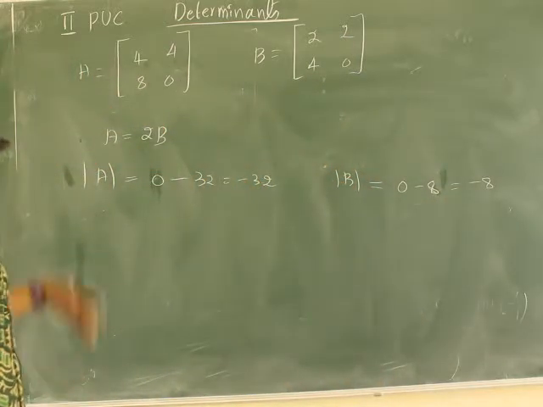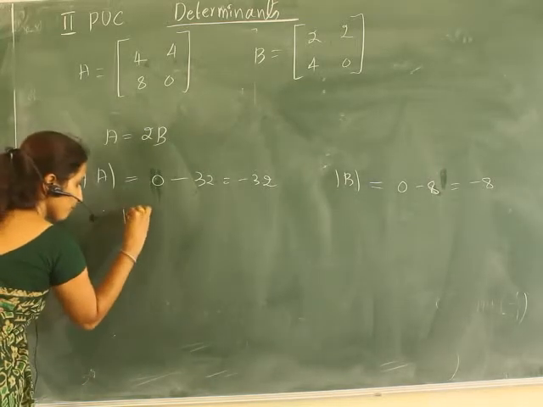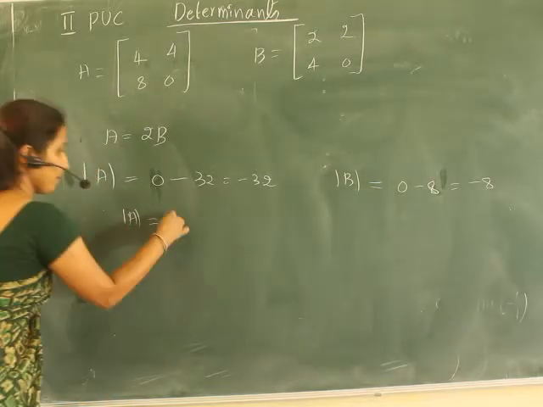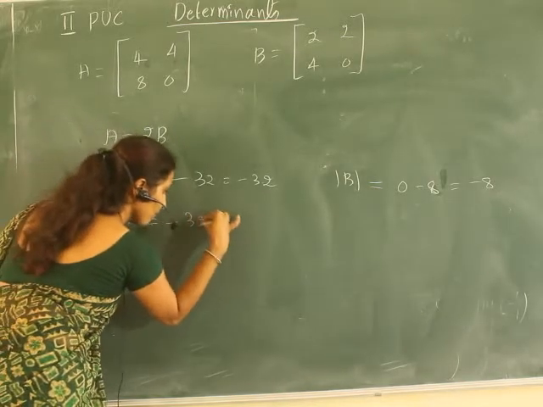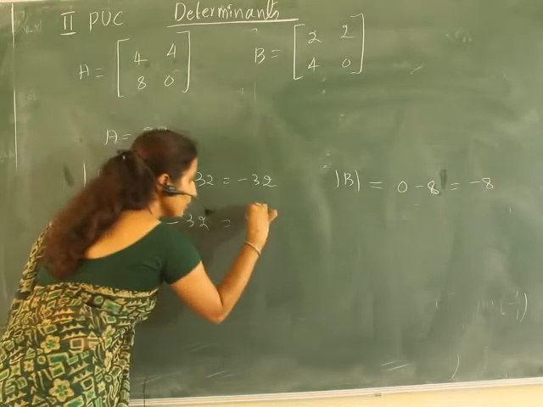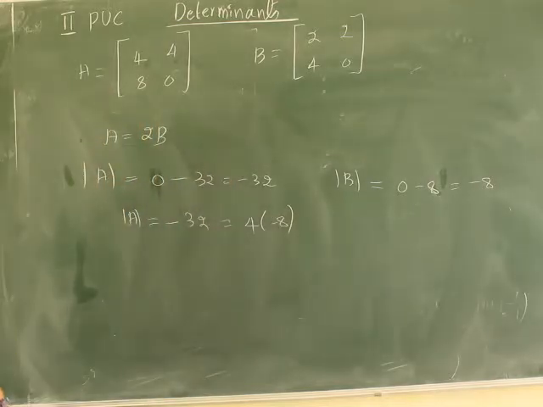Now if I write the relation between these, I can write determinant of A is minus 32. Minus 32 can be written as 4 into minus 8.